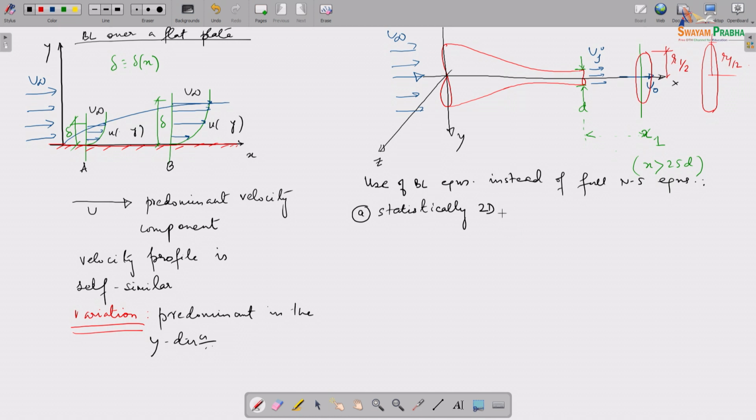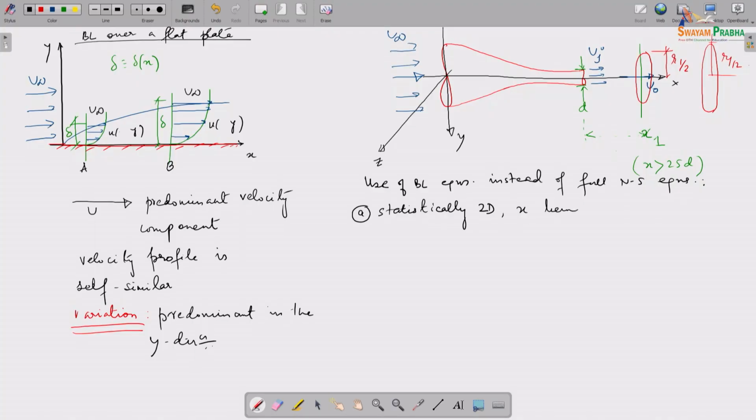and I can say x. You can take your axis system the way you want, but when I say x, I basically mean the axis in the direction of flow, the direction of the incoming free stream.